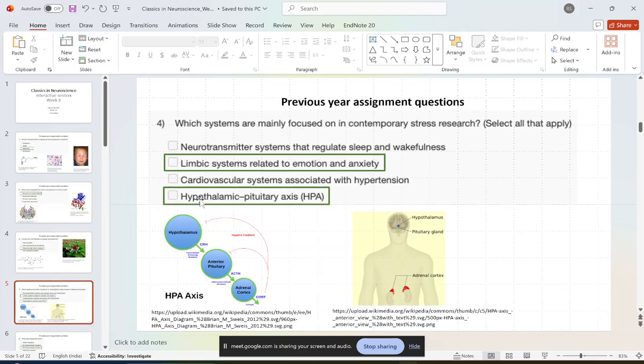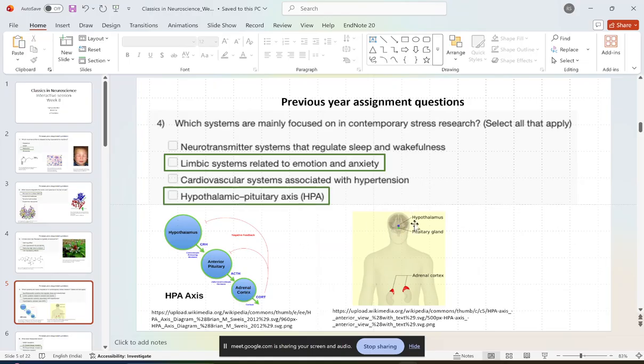Next, the hypothalamic pituitary axis, which involves the hypothalamus, the anterior pituitary, and the adrenal cortex. So it is the hypothalamic pituitary adrenal cortex axis, which is why it is HPA.